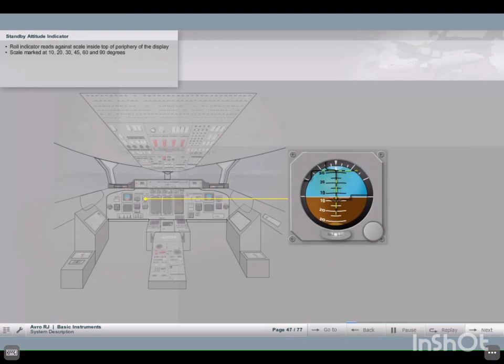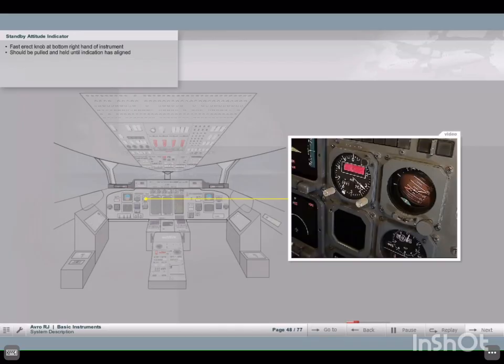A roll indicator reads against a scale inside the top of the periphery of the display. The scale is marked at 10, 20, 30, 45, 60, and 90 degrees. At the bottom right hand of the instrument is a fast erect knob.